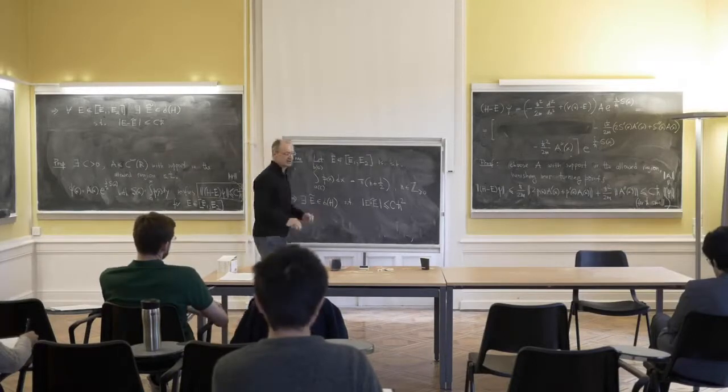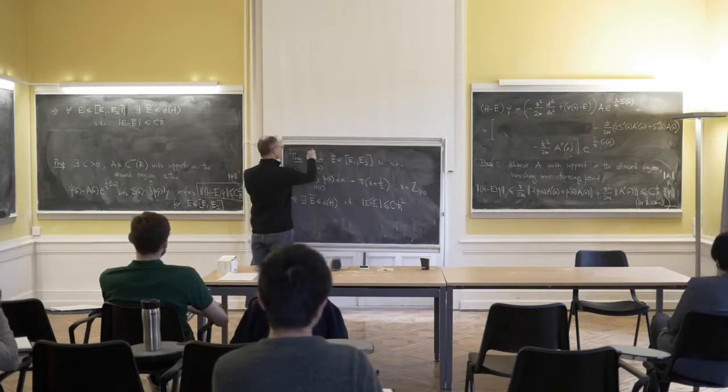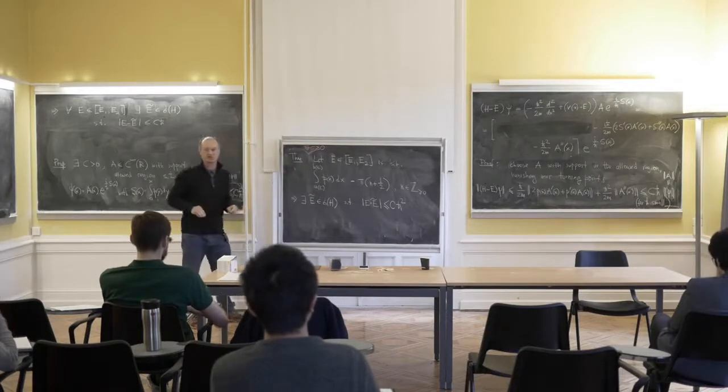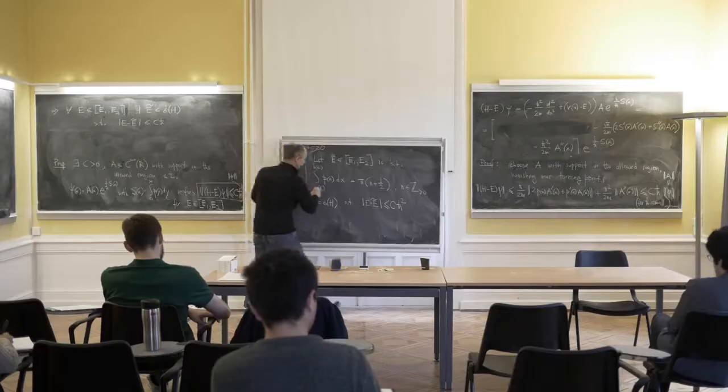And of course, here in the beginning, I should have said in the statement of the theorem that there is such a positive constant such that for all energies in the window, this holds true.